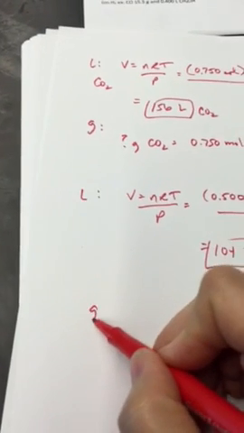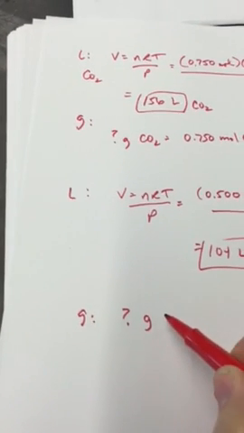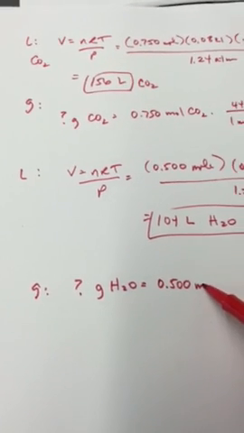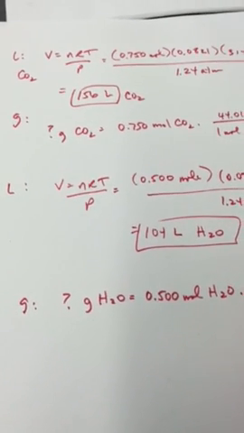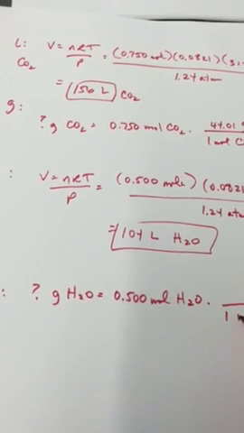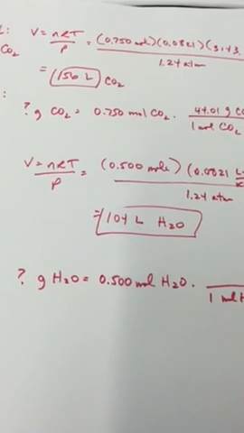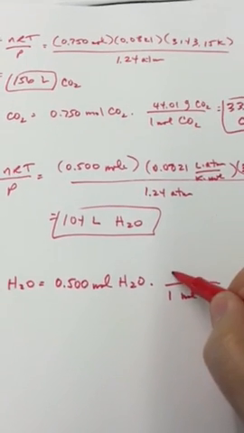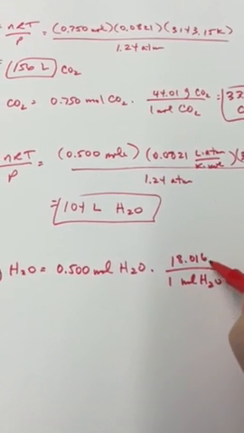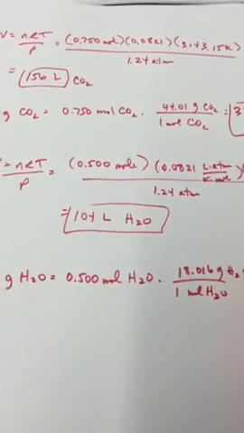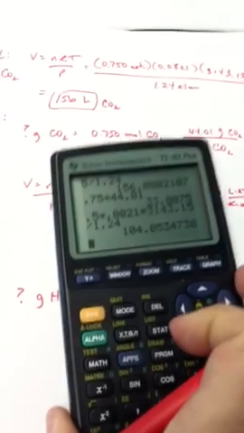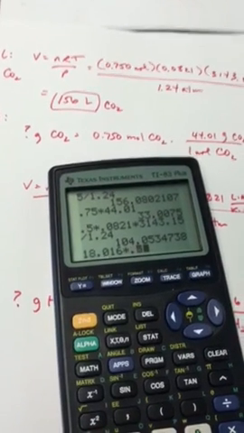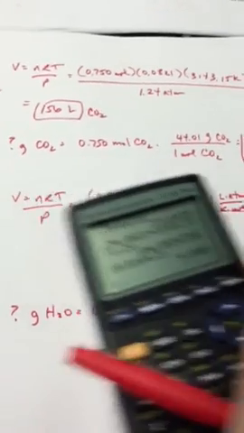And then grams, how many grams of H2O is equal to 0.500 moles of H2O? We know that the molar mass of H2O is about 18 grams per mole, so half of that is going to work out to be about 9 grams. But let's put this in. It's 18.016, I think, grams per mole, times 0.5 is 9.008.